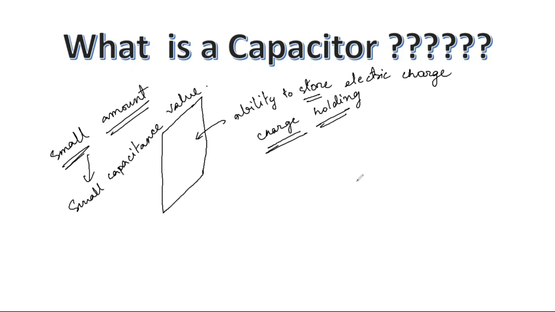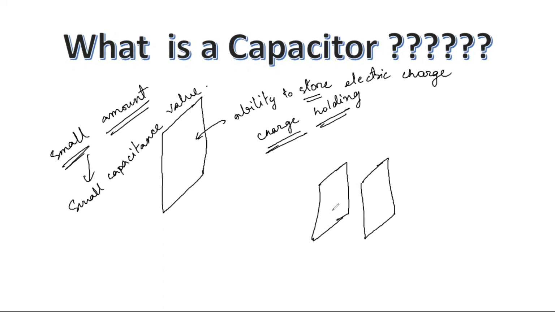So instead of considering one single conductor, we consider two conductors together. We arrange two conductors together, and how we arrange it, we will discuss in the later part of this video. But for the time being, we take two conductors and arrange them.